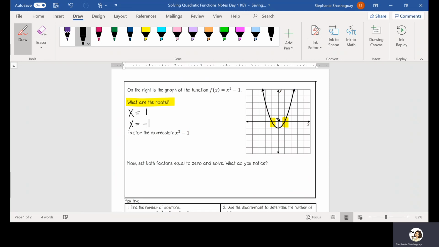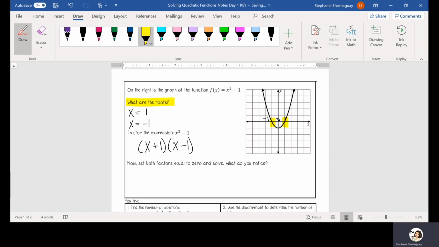Because this is 0, this is 1, and this is negative 1. Factor the expression x squared minus 1. Well, if I have to factor x squared minus 1, that's going to be x plus 1 and x minus 1.